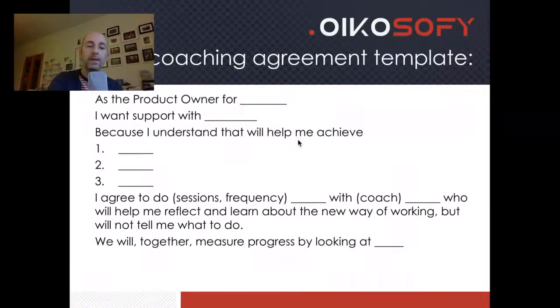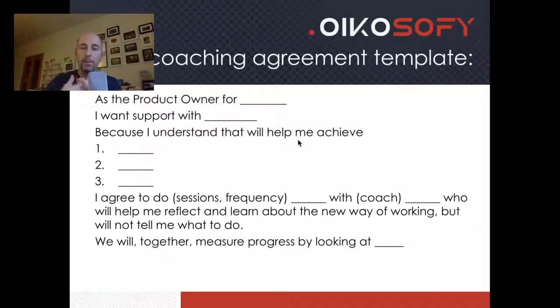And then we write down, I, the product owner, agree to do so many sessions in such frequency, right? So for example, 2 coaching sessions of half an hour every week, or 2 coaching sessions of half an hour every sprint with coach, that's your name, right?